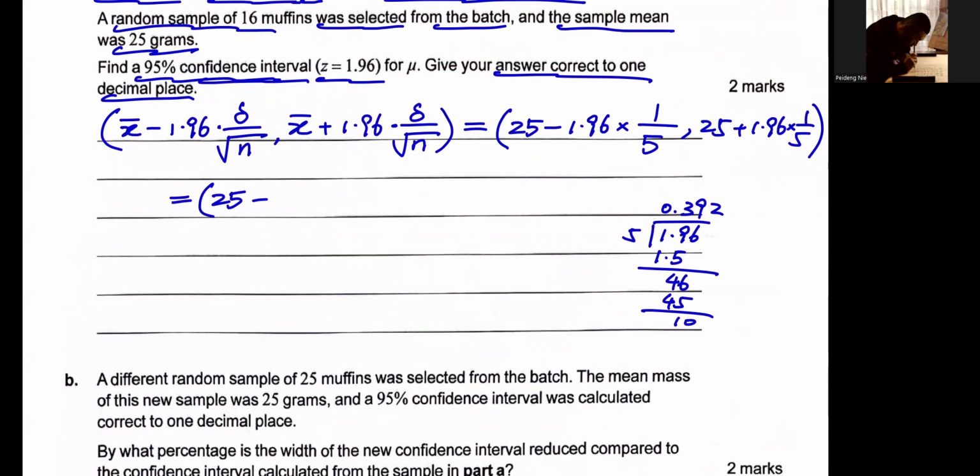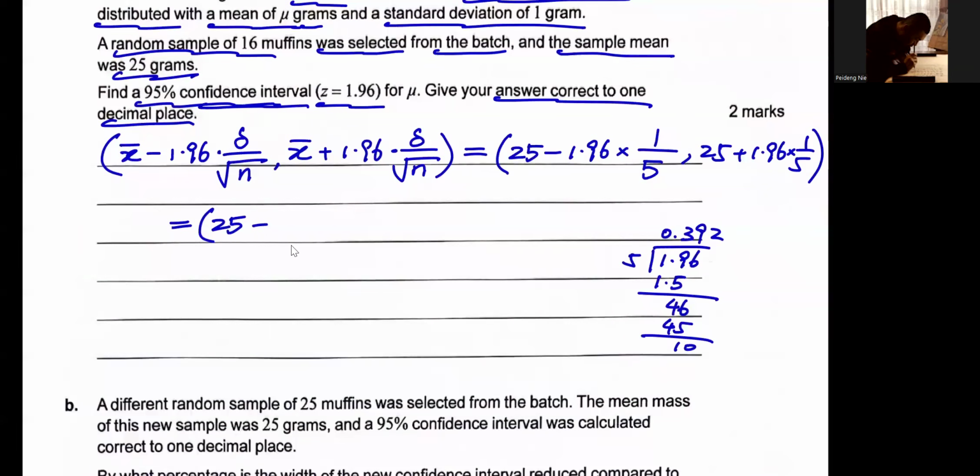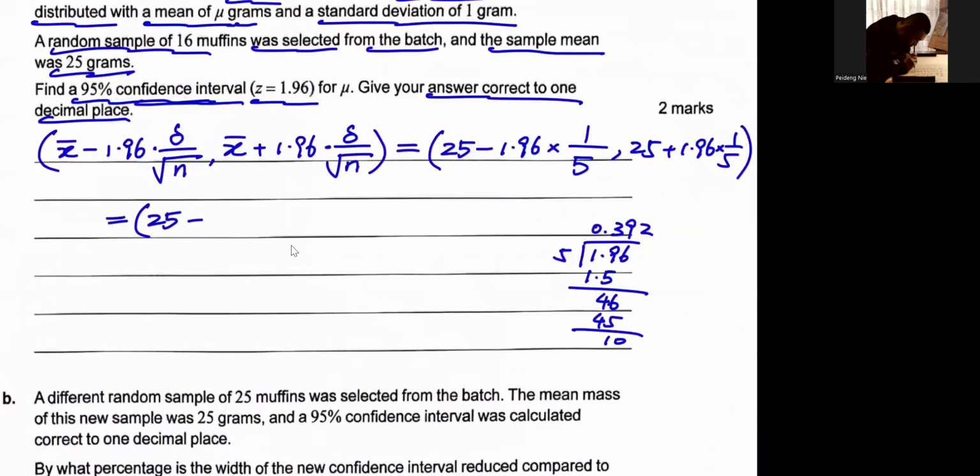Okay, so that's pretty much what I need to use. Well, actually, bear with me. Sorry, I made a stupid mistake here. This is not 5. The sample size is 16, so it should be divided by 4. That's why I felt very strange. Okay, let's do that again.